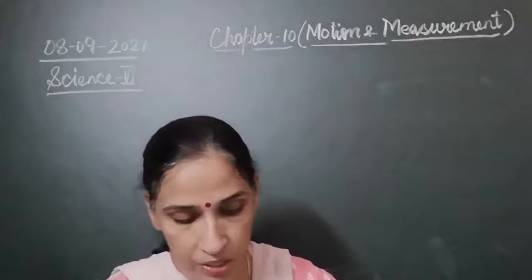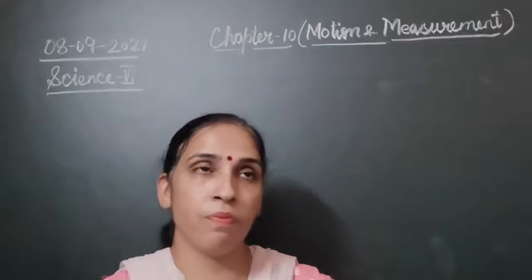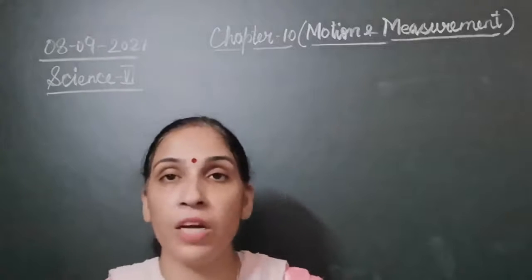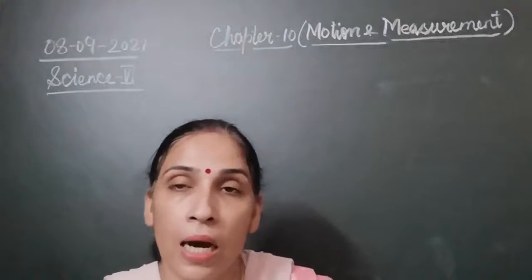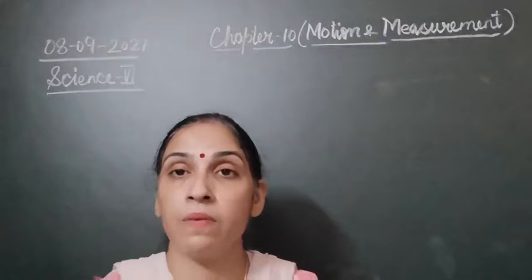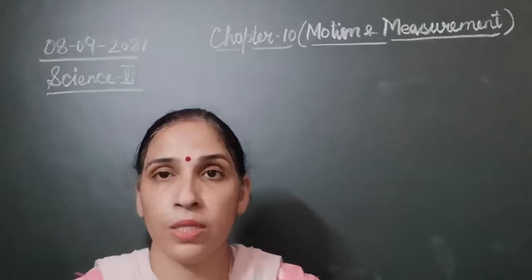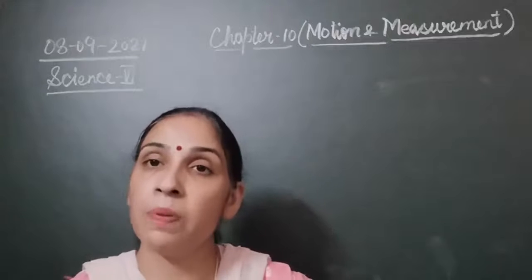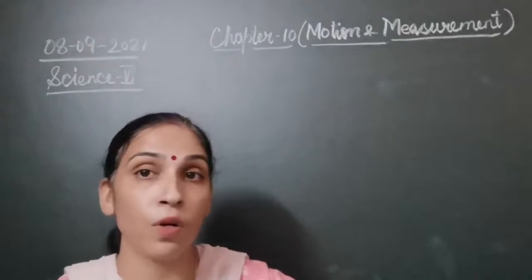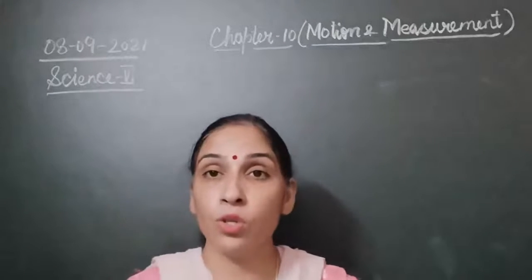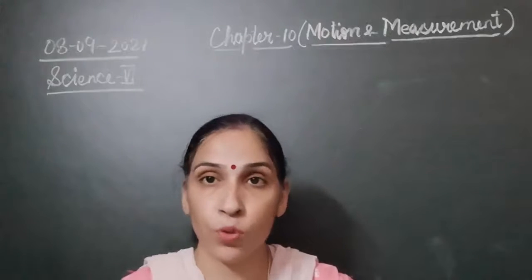The need for measurement is that if you go to a market and you want to buy something, like shoes, the shopkeeper most often is going to ask what is your number of shoes.